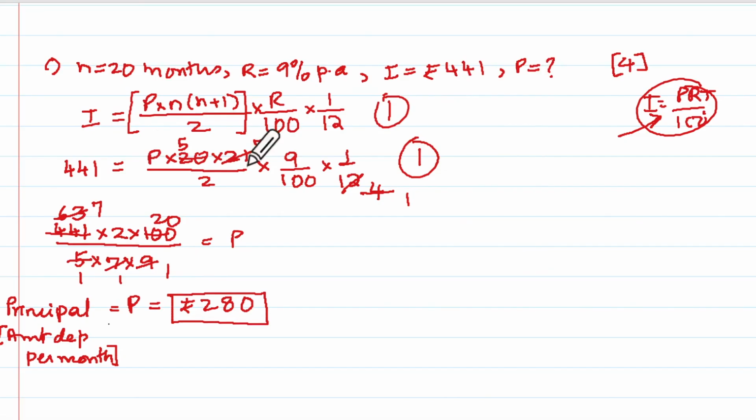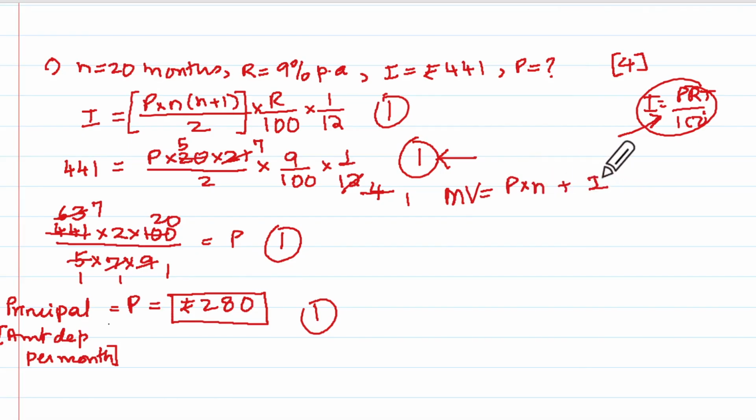All right, now correct substitution is 1 mark, calculations, cancellations, and the answer statement. Understood? Yes, ma'am. 1 mark is for substitution of the formula. Normally they don't give you marks for the formula, but what is the normal formula? Your all the students aren't they writing this? Tell me.